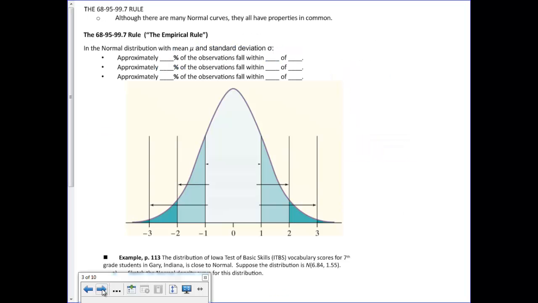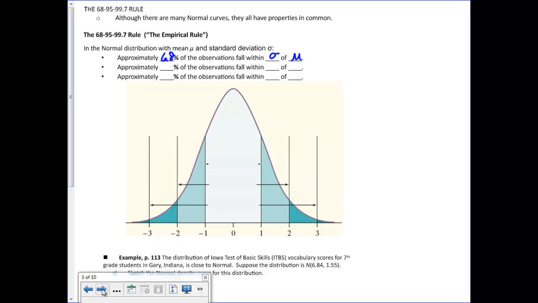The 68, 95, 99.7 rule, you'll sometimes hear it referred to as the empirical rule in different textbooks, but I'm going to say 68, 95, 99.7. What happens? 68% of the data fall within one standard deviation of the mean.